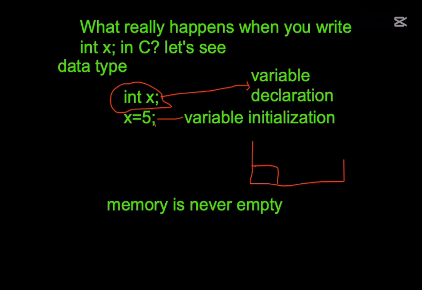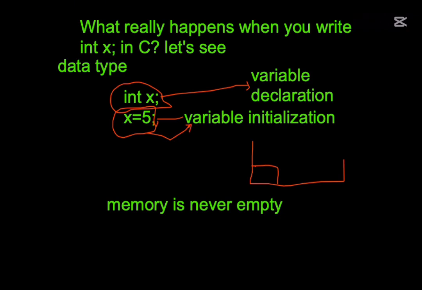Now you just put 5 inside the space. That's what happened. So you just put 5 inside the space, and that's why we call it variable initialization, because now you've just initialized the variable.